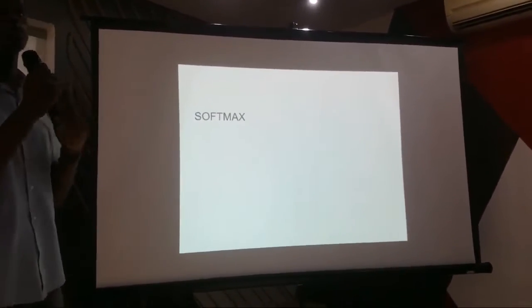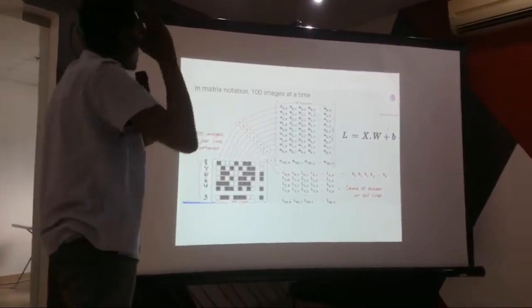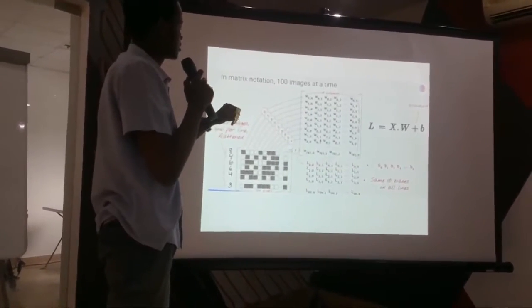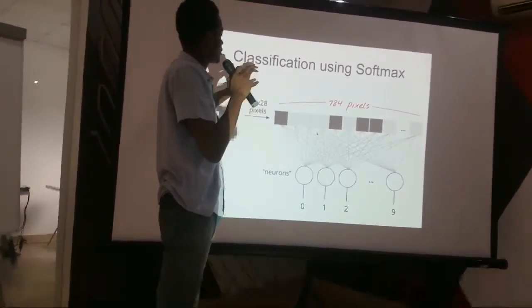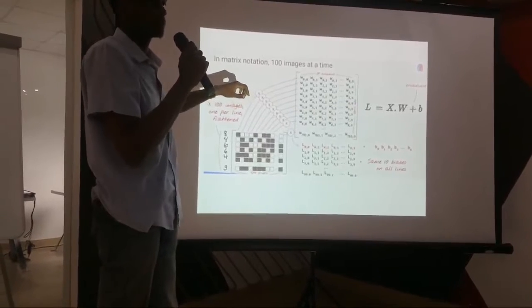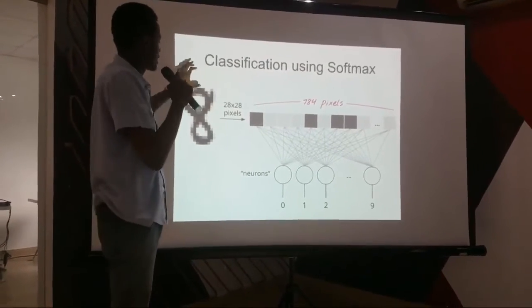The first thing we were supposed to do was to implement softmax. Each of our data was in the form of an image.